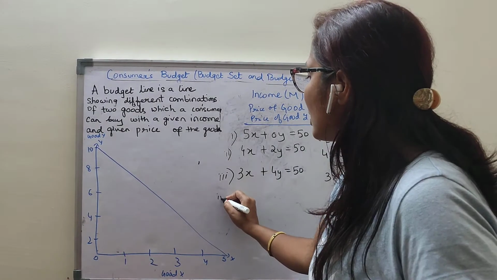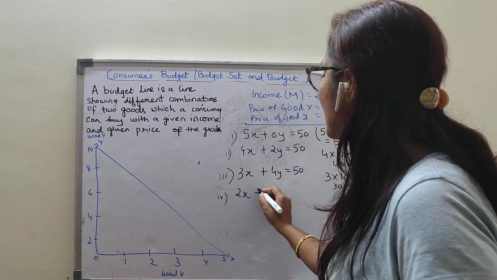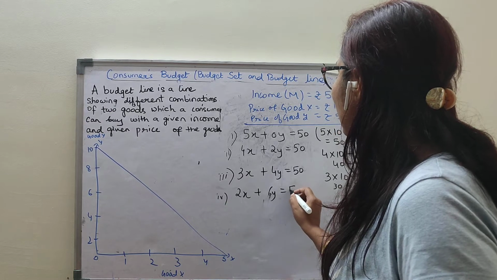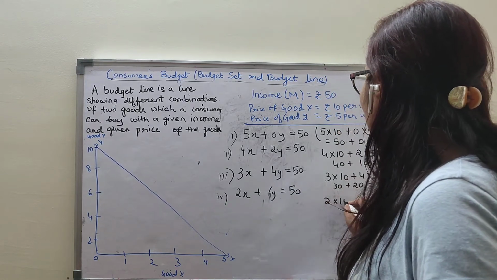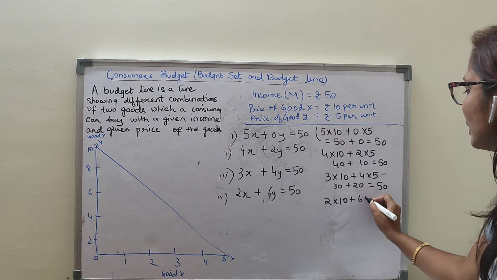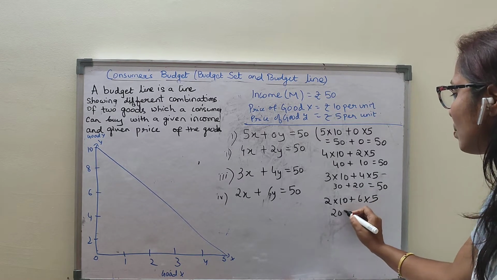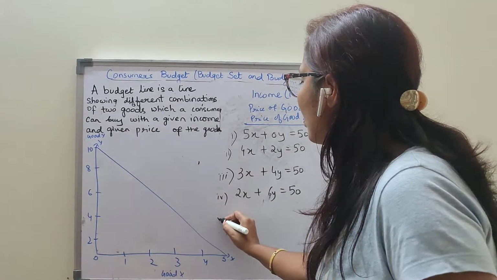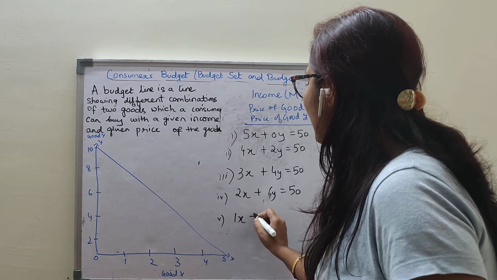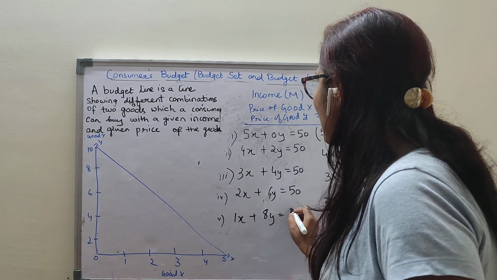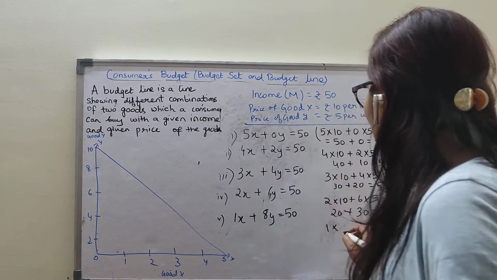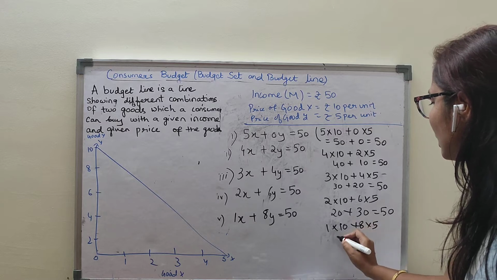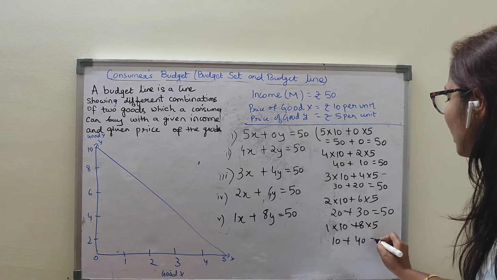Now fourth combination, 2 units of X plus 6 units of Y. See, 2 into 10 plus 6 into 5, that means 20 plus 30 is equal to 50. Clear? Now fifth combination is 1 unit of X plus 8 units of Y. So 1 into 10 plus 8 into 5, 10 plus 40 is equal to 50.